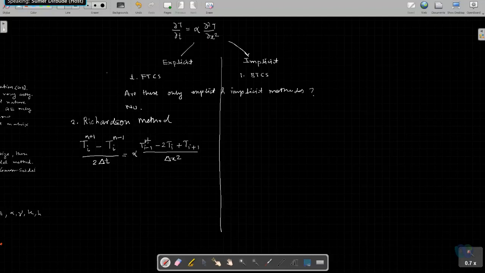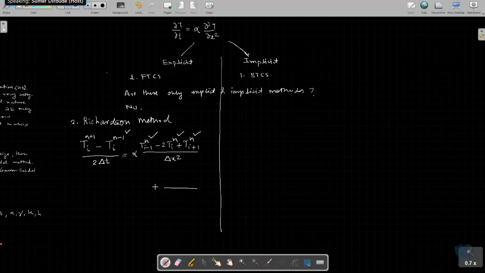These are all known values because we are talking about explicit, and in the explicit method there is only one unknown. Here n plus 1 is unknown, but n is known.